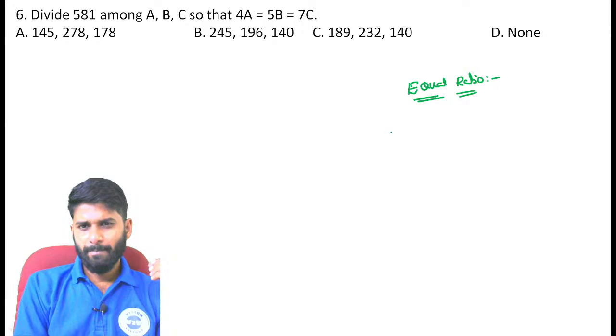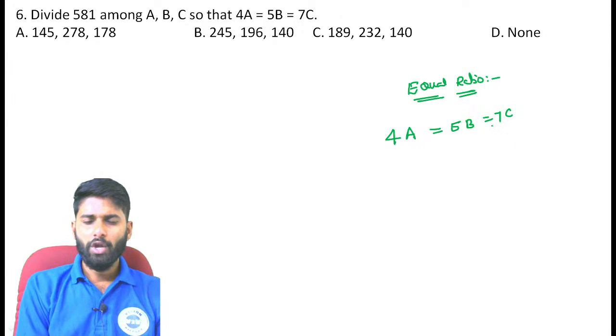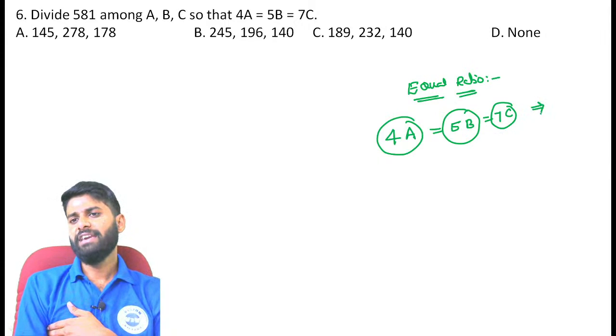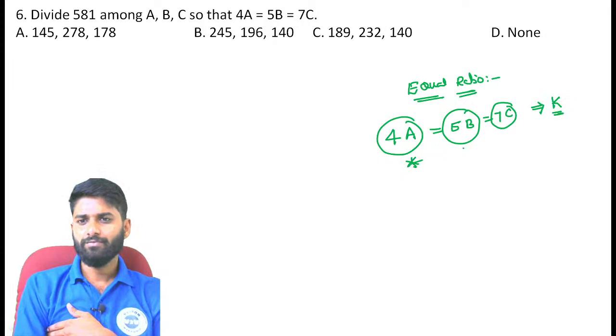Now see, 4A is exactly equal to 5B is exactly equal to 7C. What is the meaning of equal? The resultant of 4A is exactly equal to 5B, and the entire resultant of 5B and 4A is exactly equal to 7C. Then what is your observation? It means we can represent it with one value that is common to all of these.